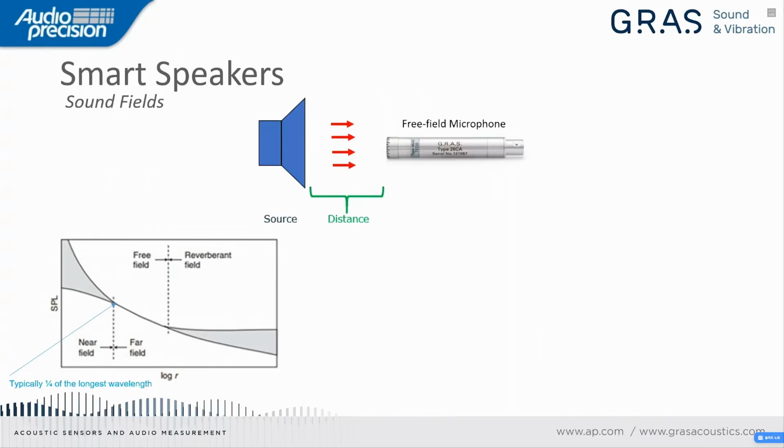If we do the IEEE 1329 measurements at a distance of 40 centimeters and 30 centimeters of height from the source, then the transition at this distance is about 200 hertz. So above about 200 hertz, you will be in a free field environment at this distance.